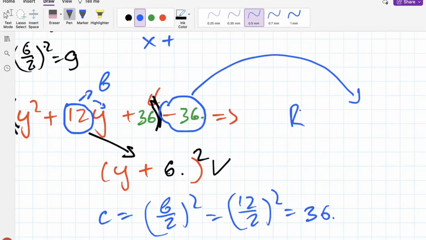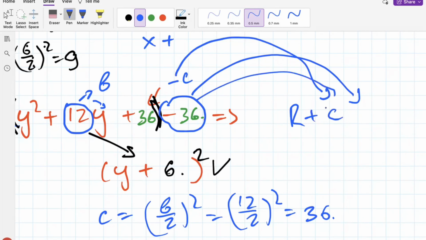On the left part, let's say x squared plus something plus y squared and so on, and on the right part, you just have r, right? Anytime you have minus c, you have to transfer it to the right, and it will be plus c. In this case, you transfer minus 36, and it will be plus 36.